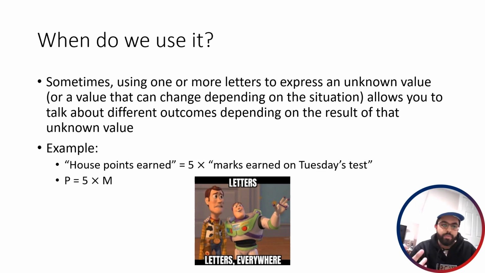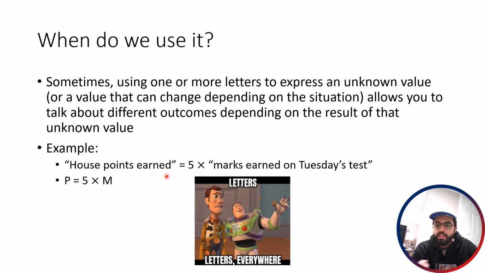So let me give you an example. Suppose I told you before the test that you wrote on Tuesday that you are going to earn house points depending on how well you do on the test. For every mark you earn on the test, if you take the number of marks you earned and multiply it by 5, that's going to be the number of house points you get.